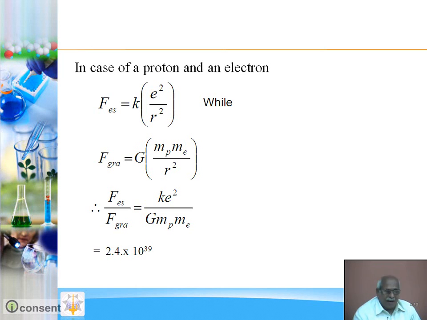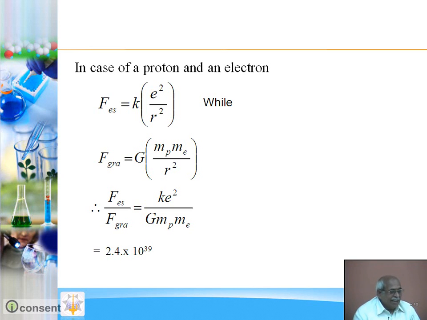So, K into e square upon r square. Now, how much is the gravitational force between the same particles? F gravitational will be G. Now, instead of m1, m2, I have to say m_p, mass of proton, into m_e, mass of electron, divided by r square.